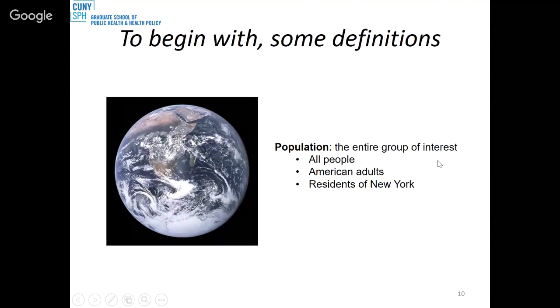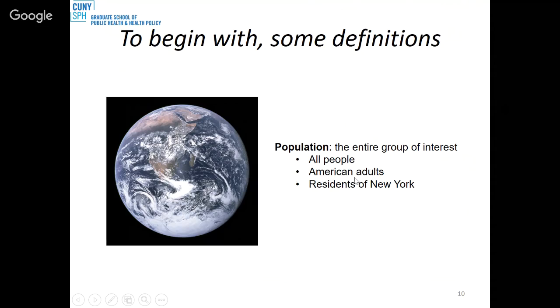So I'm going to start with some definitions. In this course, a population just means the entire group of interest. And this is something that's important to understand in a study because it doesn't go without saying what the population is. In some cases, it could just mean all people. It could mean everyone on Earth.